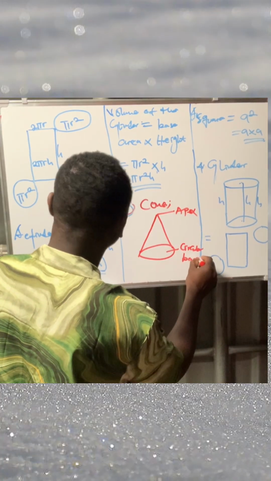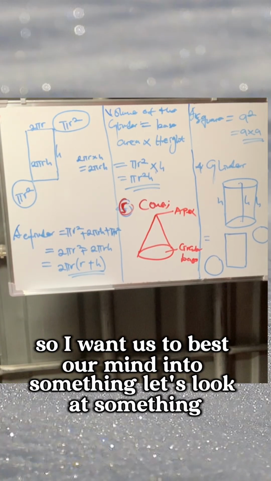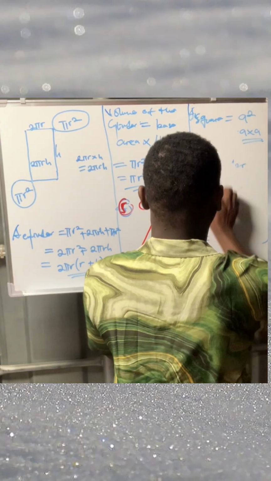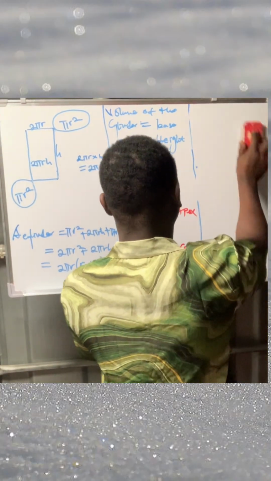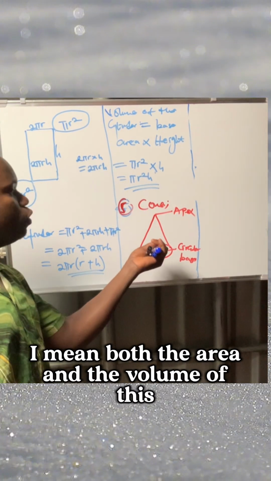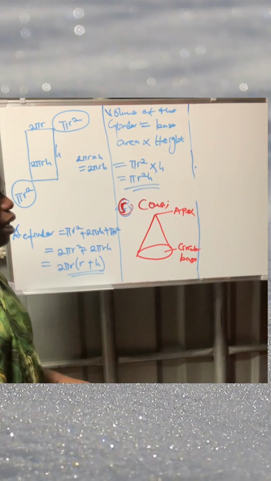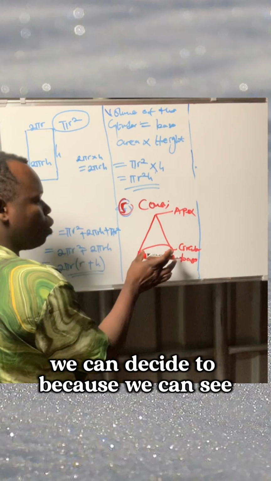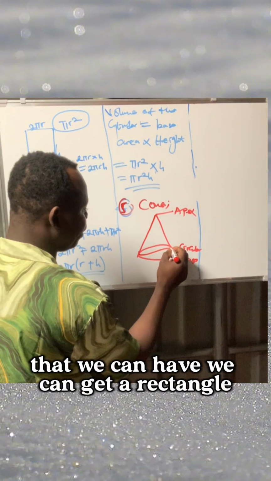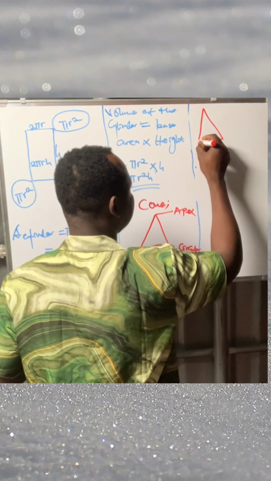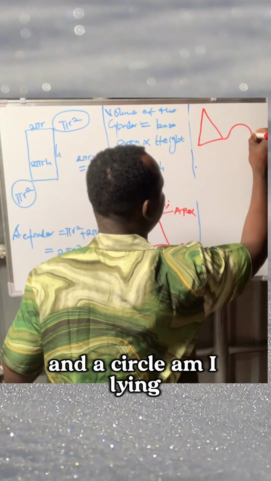I want us to look at something. It's very simple. What we are trying to do is get both the area and the volume of this shape. This cone, we can dismantle it, and we can get a triangle out of it, and a circle.